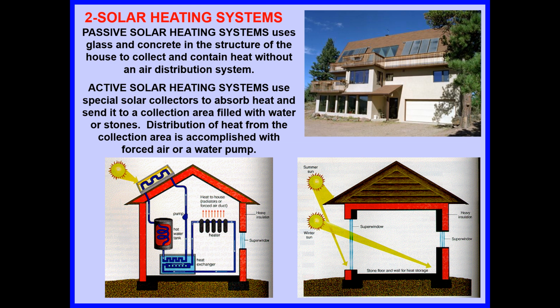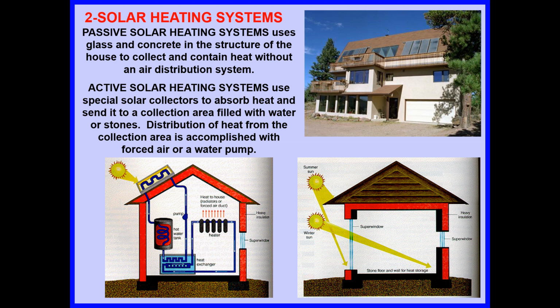We have two kinds of solar heating system: passive solar heating system and active solar heating system. Firstly, passive solar heating systems use glass and concrete in the structure of the house to collect and contain heat without an air distribution system.